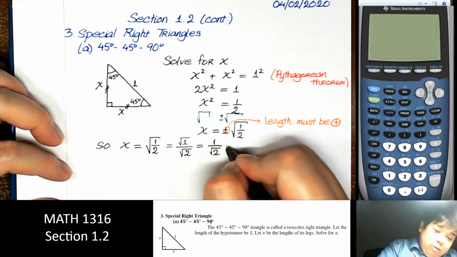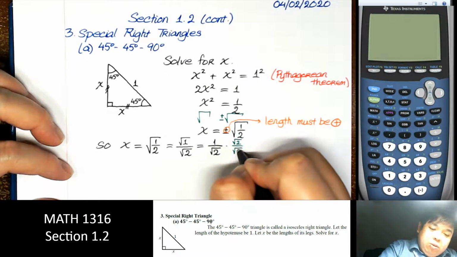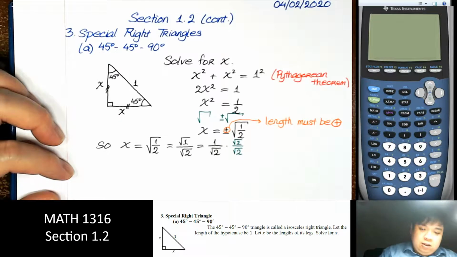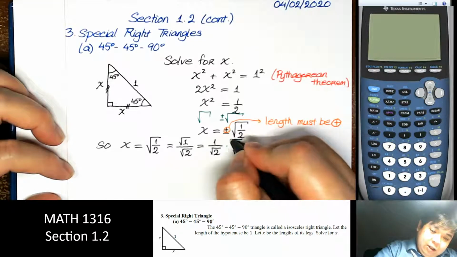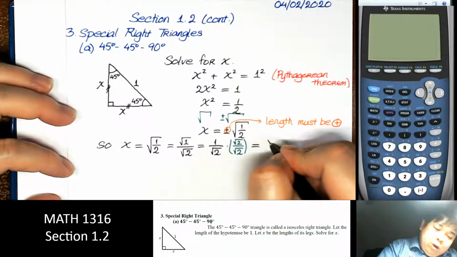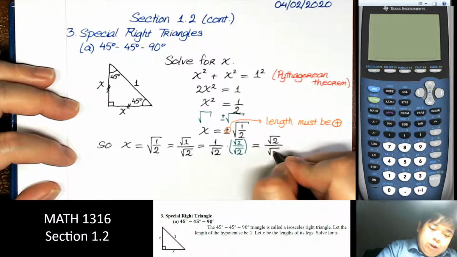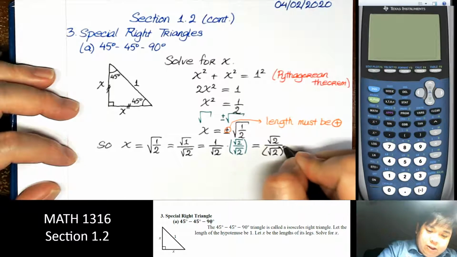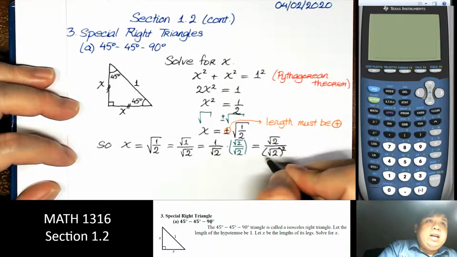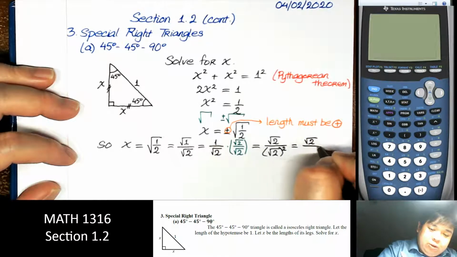And we can also multiply the square root of 2 on the top and the square root of 2 at the bottom. If we multiply by that, we have the square root of 2 on the top and the square root of 2 squared at the bottom. The square cancels the square root, so we have the square root of 2 over 2.